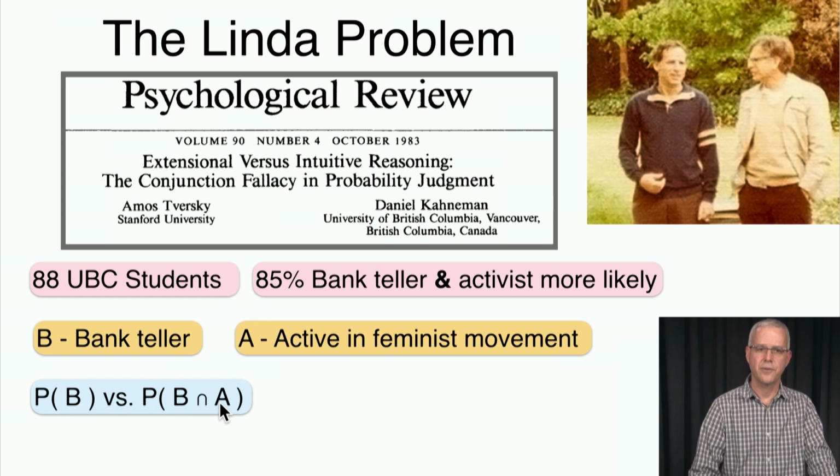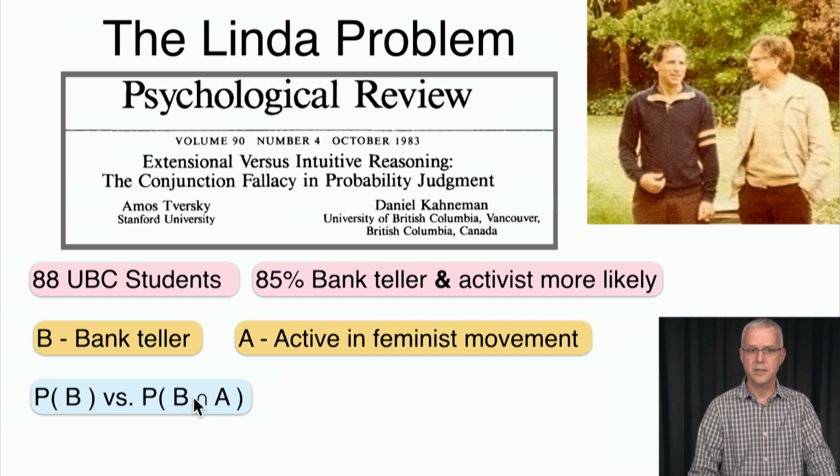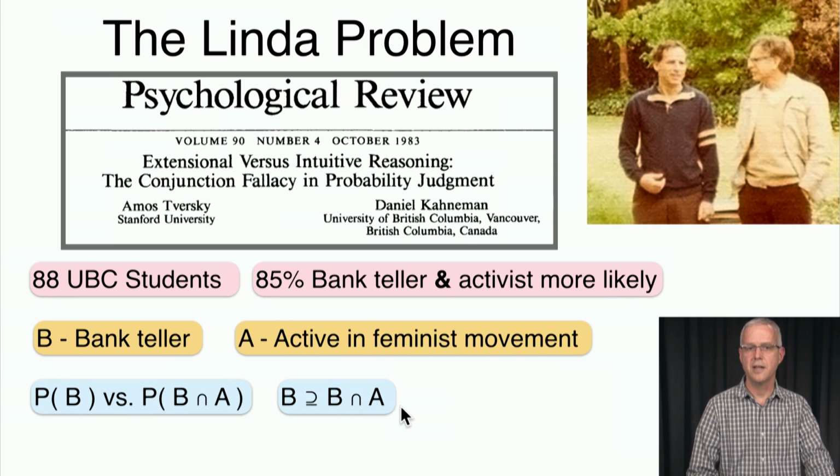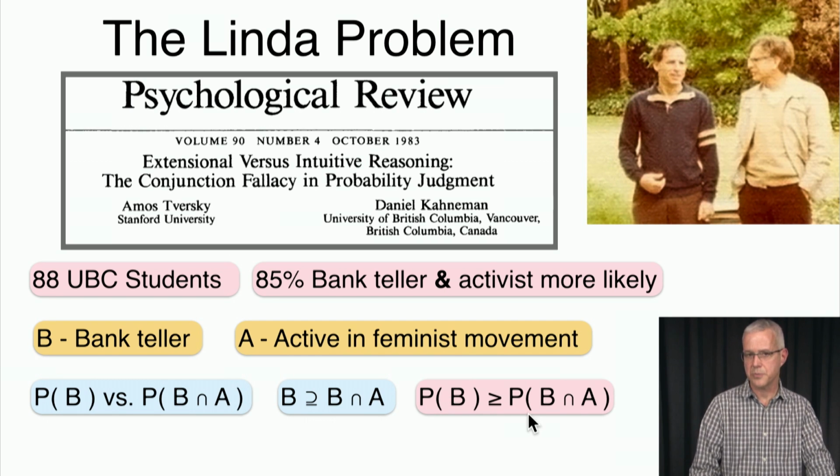Clearly B intersection A is a subset of B. So if you remember the result that we said was so obvious, the probability of a subset is always less than or equal to the probability of the superset. So B contains B intersection A. Therefore, the probability of B must be bigger than or equal to the probability of B intersection A, contrary to what 85% of the students thought.